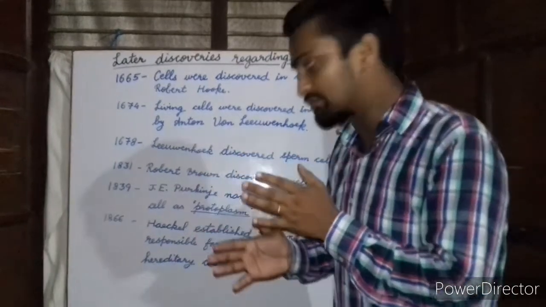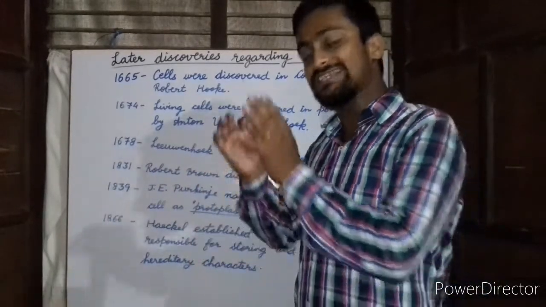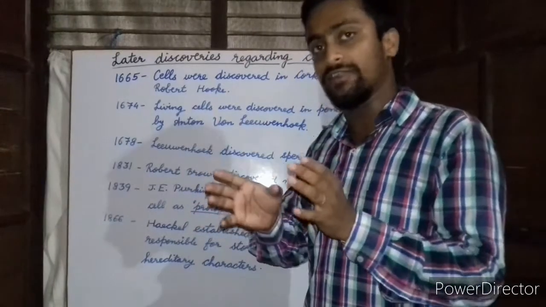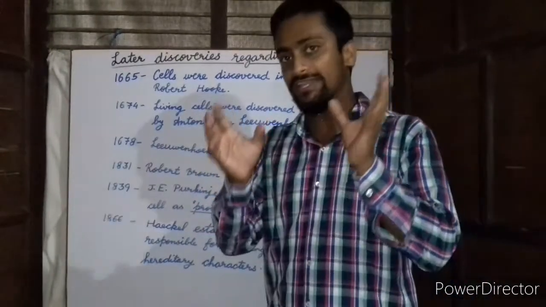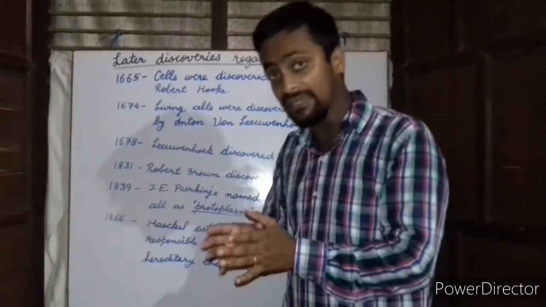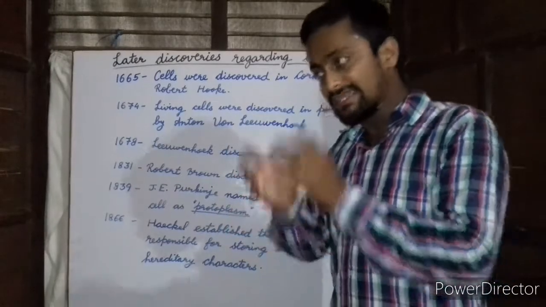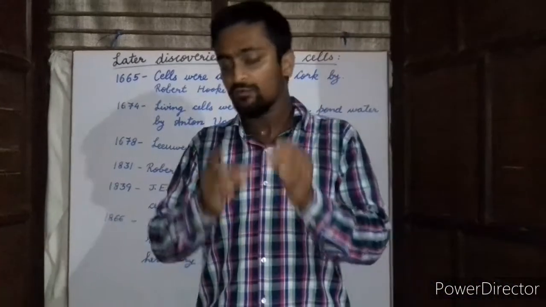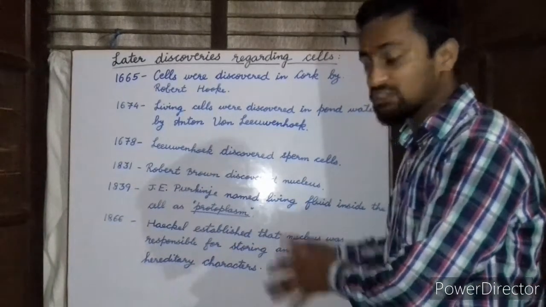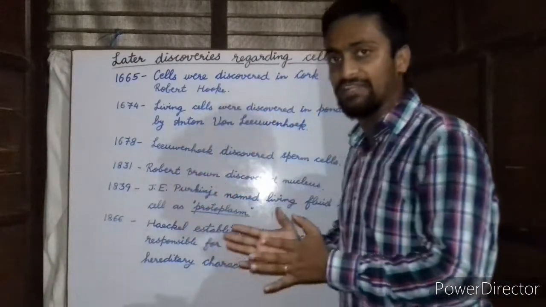After the discovery of the nucleus, in 1839, J.E. Purkinje, a Czech animal physiologist, named the living fluid inside the cell the protoplasm. After this, in 1866, Hooke established the fact that the nucleus was responsible for the transmission of hereditary characters. So these are the discoveries which were made later in that period.